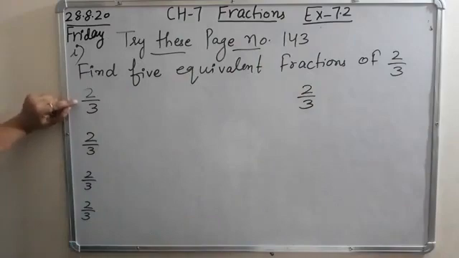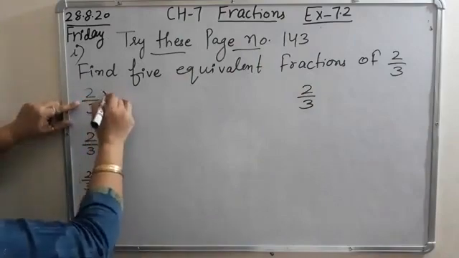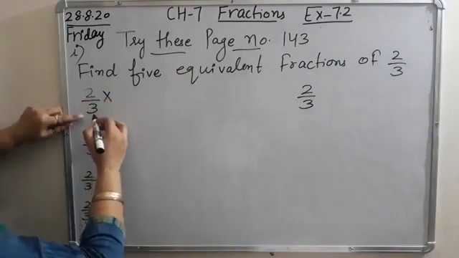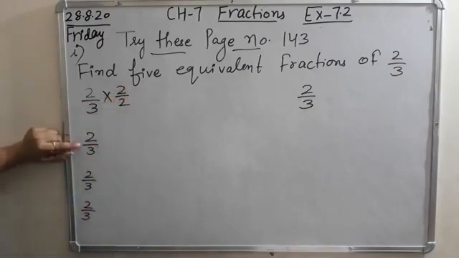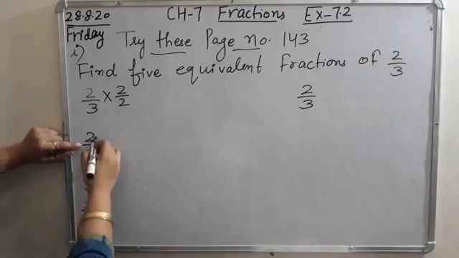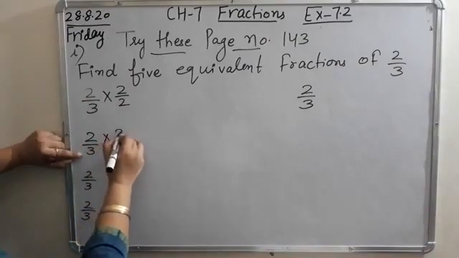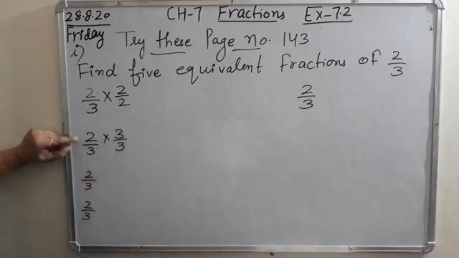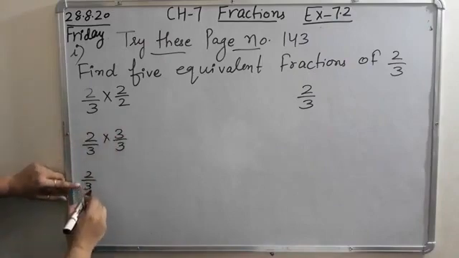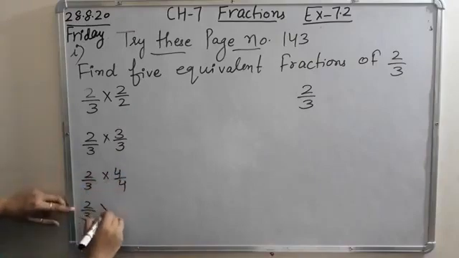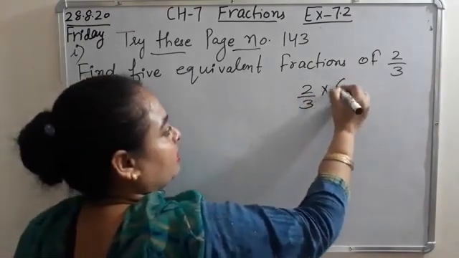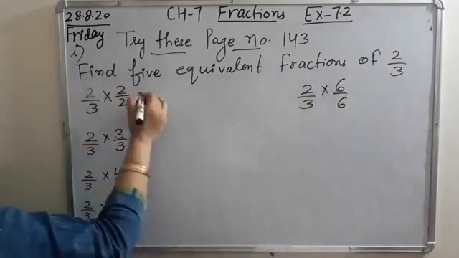Now in the first fraction you will multiply both numerator and denominator by 2. In the next we will multiply both numerator and denominator by 3, in the next by 4, then by 5, and in the last by 6.